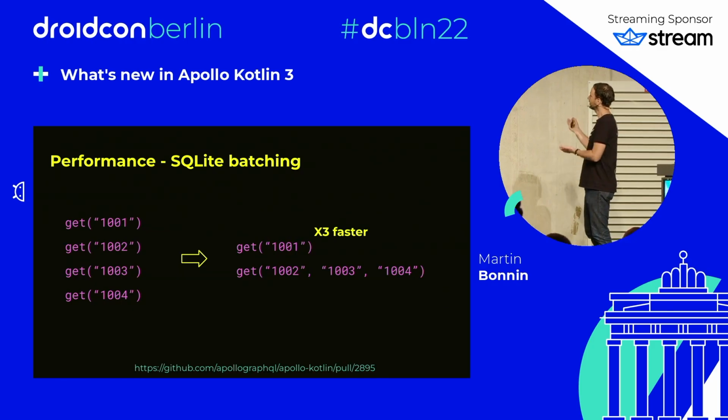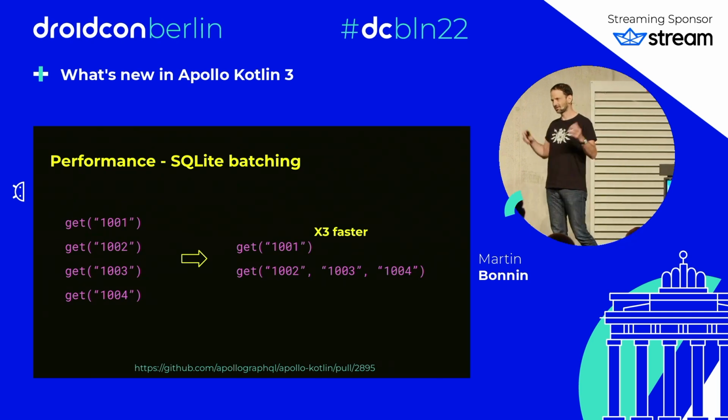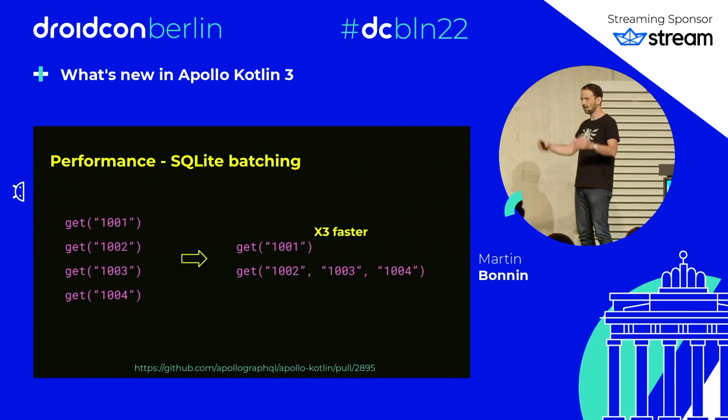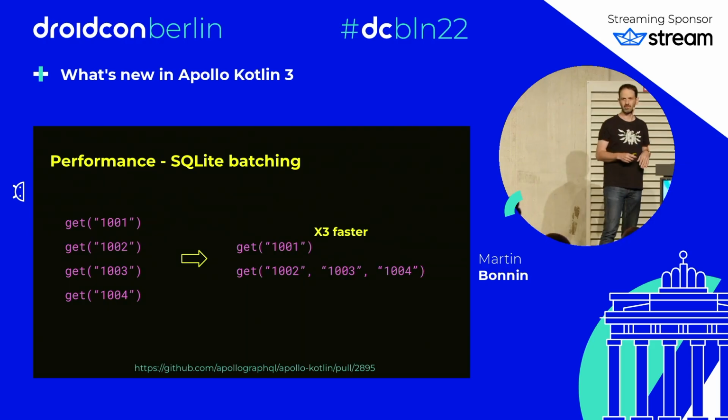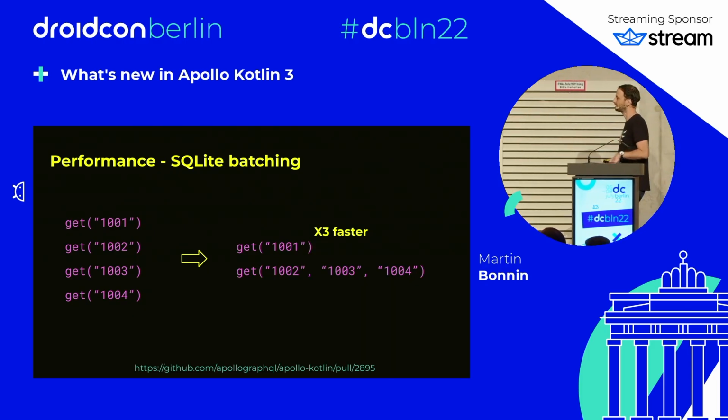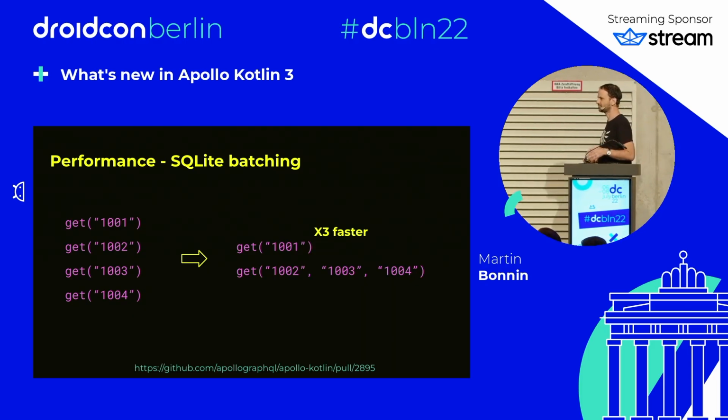So in version 3, we have this SQLite batching where we do all the list and we generalize that to object and stuff like this. We collect the references as we go down the responses and we batch as much as we can. And we have benchmarks that show it's at least 3 times faster and it might be even more in your use case.